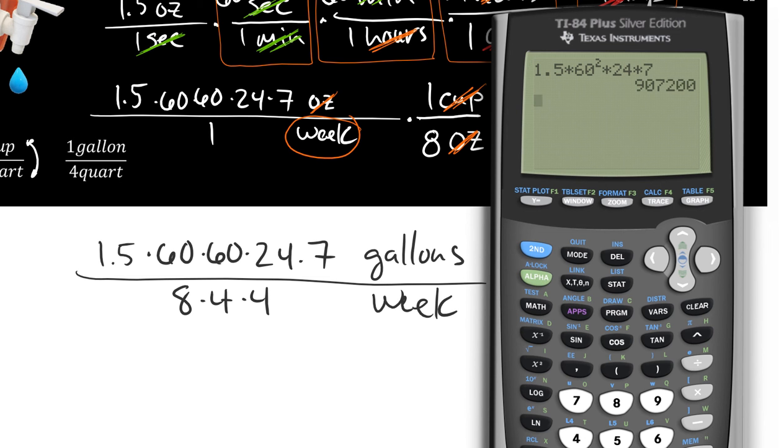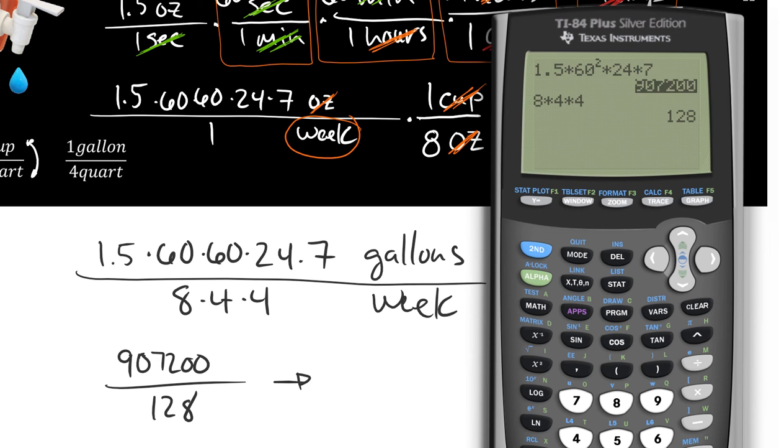So my numerator here is 907,200. And the units in my denominator are 8 times 4 times 4, which is 128. So we are looking at 907,200 divided by 128.